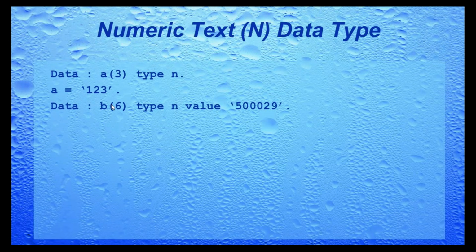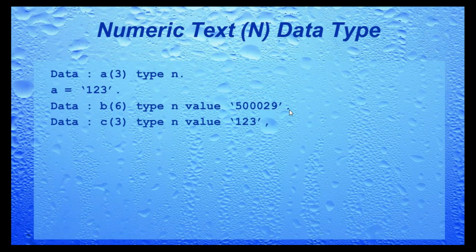But SAP prefers to declare it and assign the value as different commands, so you have to put both of them in different lines. Okay, a of 3 type n and a is equals to 1 to 3. Data b of 6 type n, value 50029. So either we can define it like this, or we can define it like this.